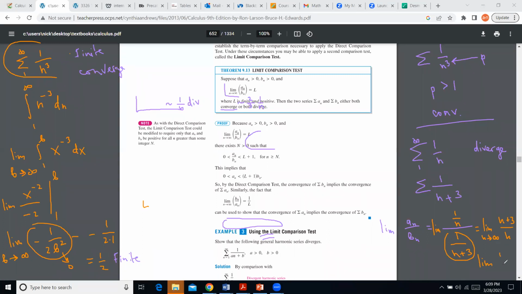When you take derivatives by L'Hopital's rule, you get 1 over 1, which is a number which is finite. That's the key idea. So the number has to be finite.